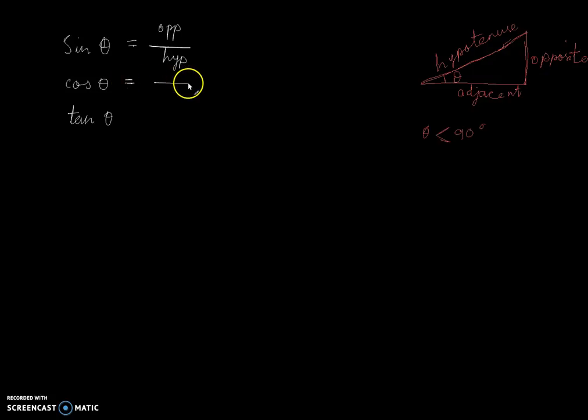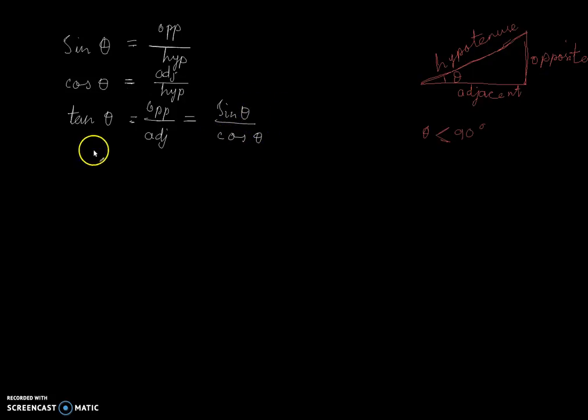Cos theta is always adjacent by hypotenuse, and tan theta is always sine divided by cos, so it's always opposite by adjacent. This is basically always sine theta by cos theta.